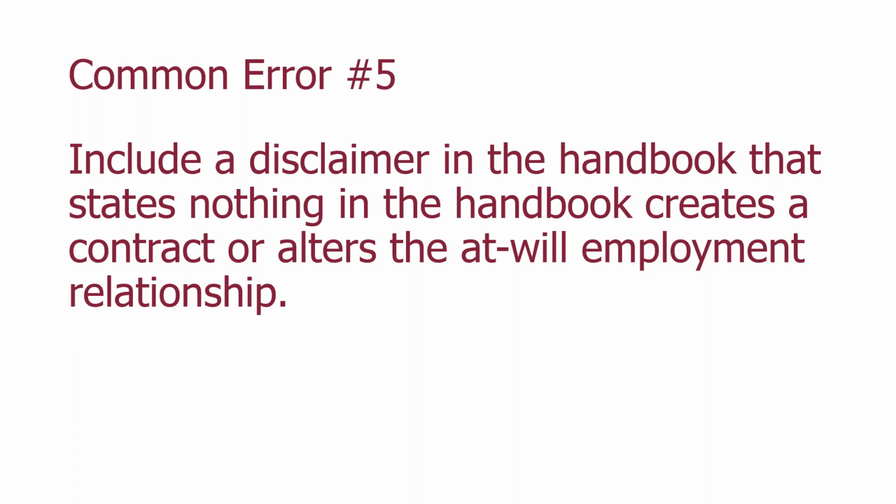And while I'm at it, I also recommend companies take out that 90-day probationary period. Again, I see lots of handbooks that have a 90-day probationary period where it's, we'll see how you fit, we'll see how you do. If after 90 days it's not working out, we're going to let you go.